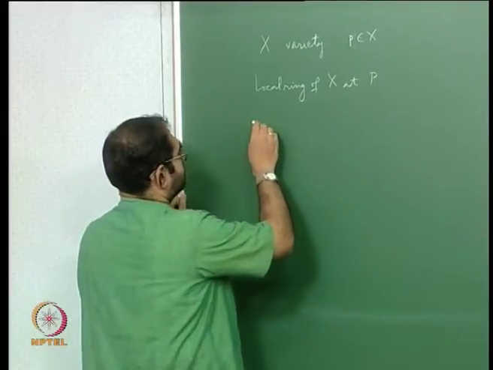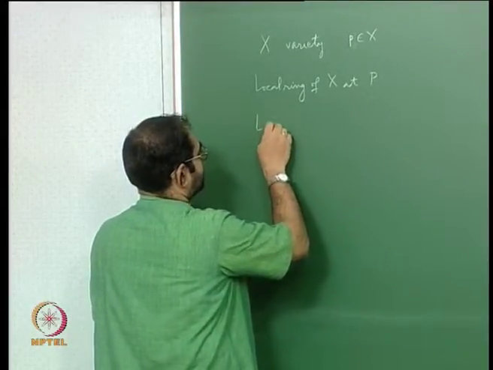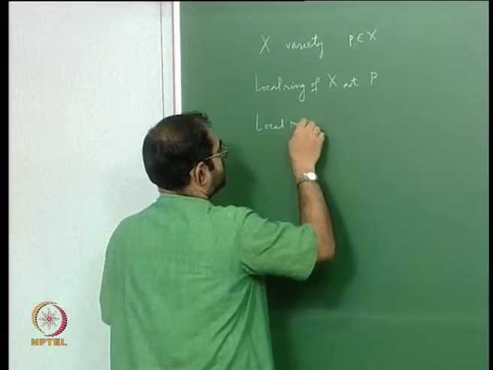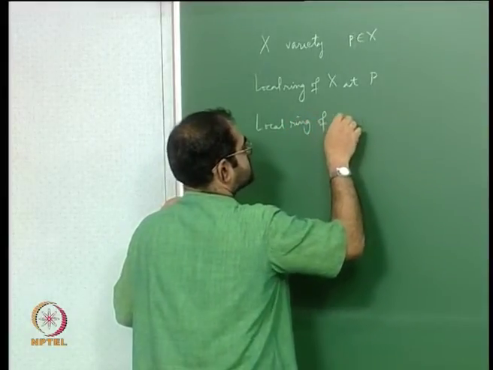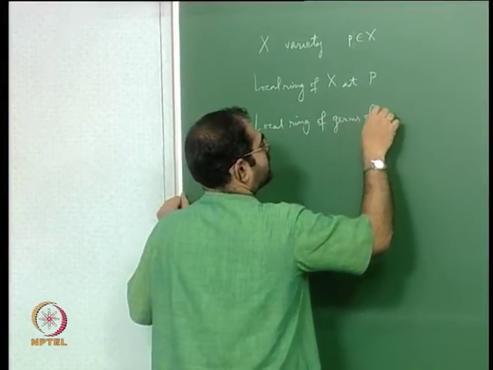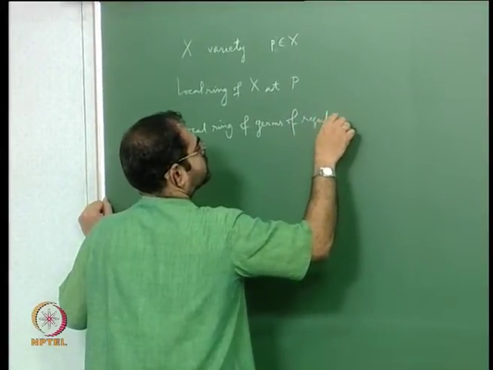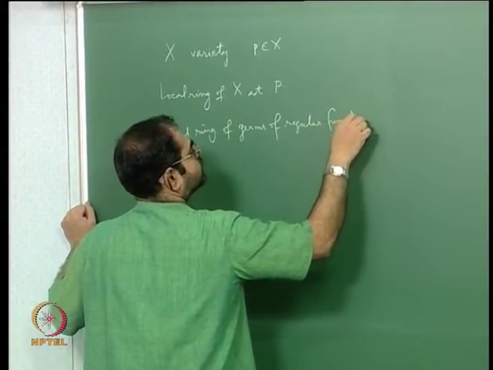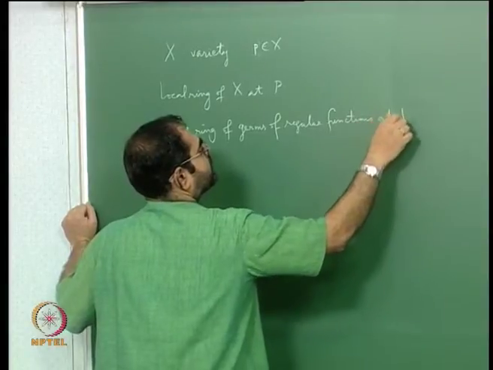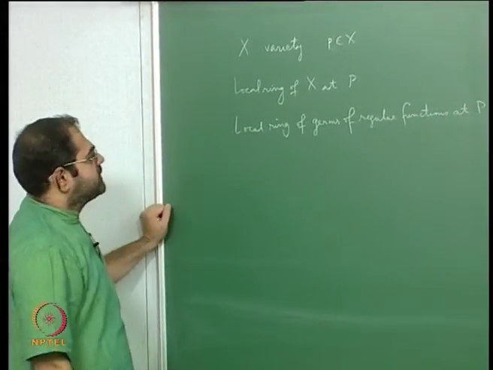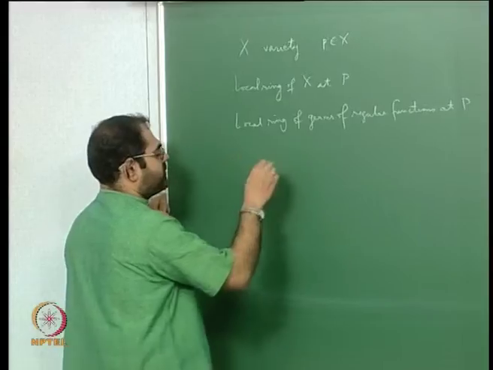Okay, so let me write this as the local ring of germs of regular functions at P. And how was this defined? This was defined in the following way.